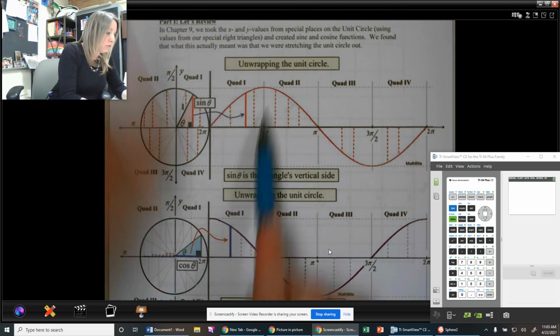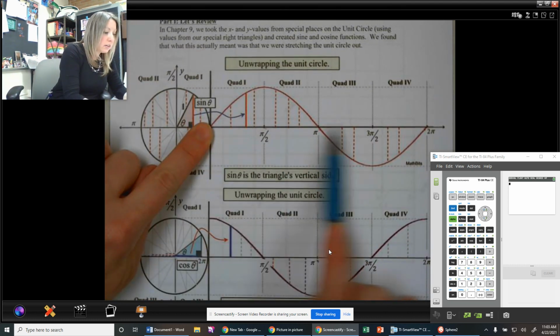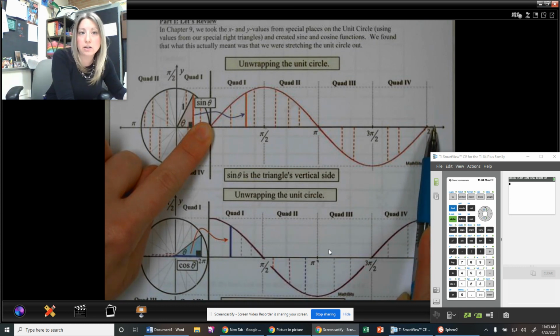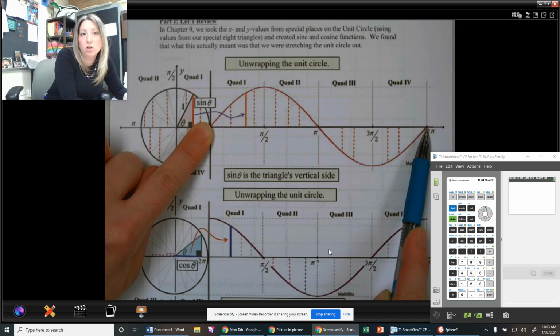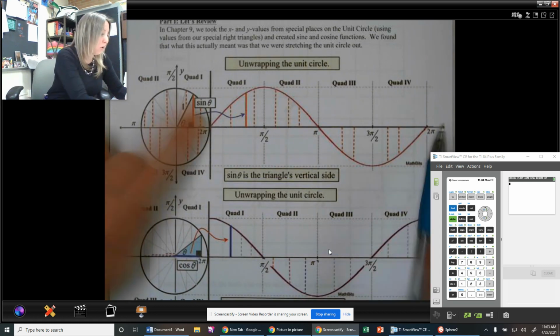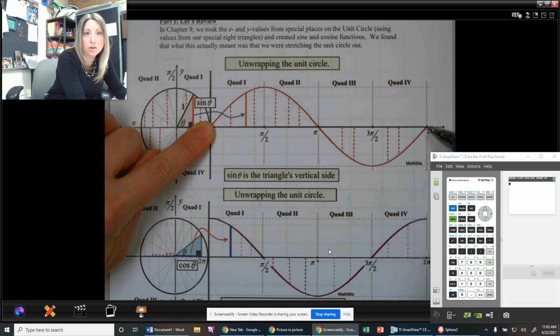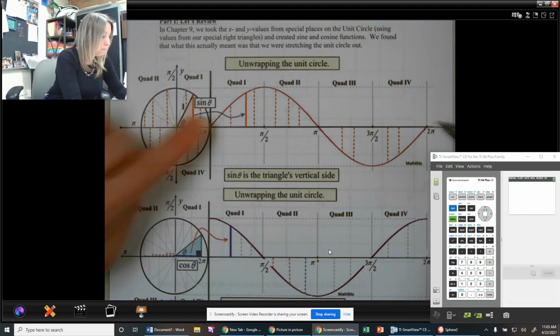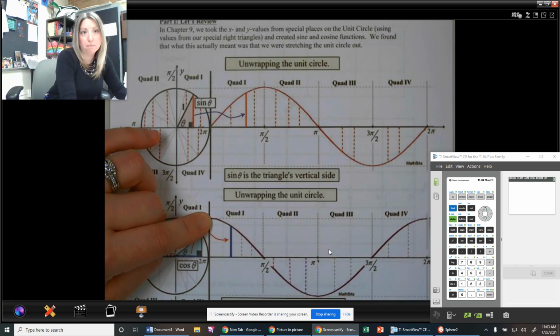So again, just a reminder, when you're unwrapping the unit circle, your x in this xy axis is actually your degree or radian measure throughout. And your y is what are we looking at? The sine function is the y value in each point, and the cosine function is the x value in each point.